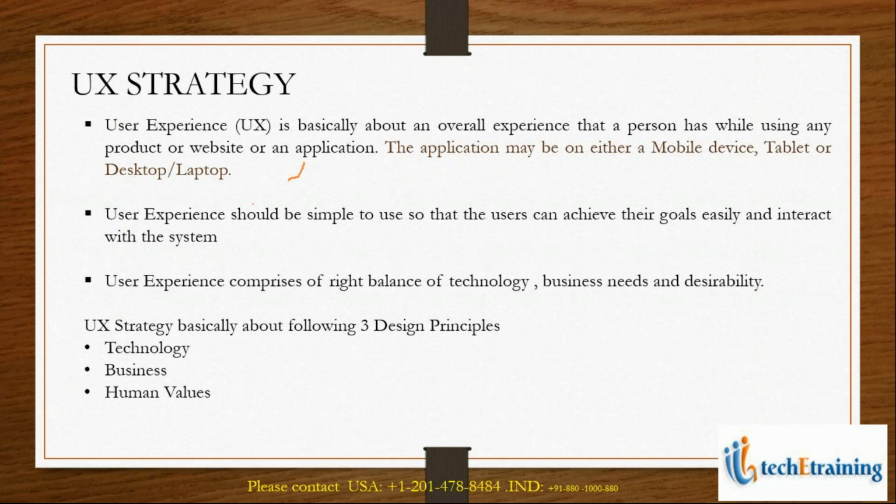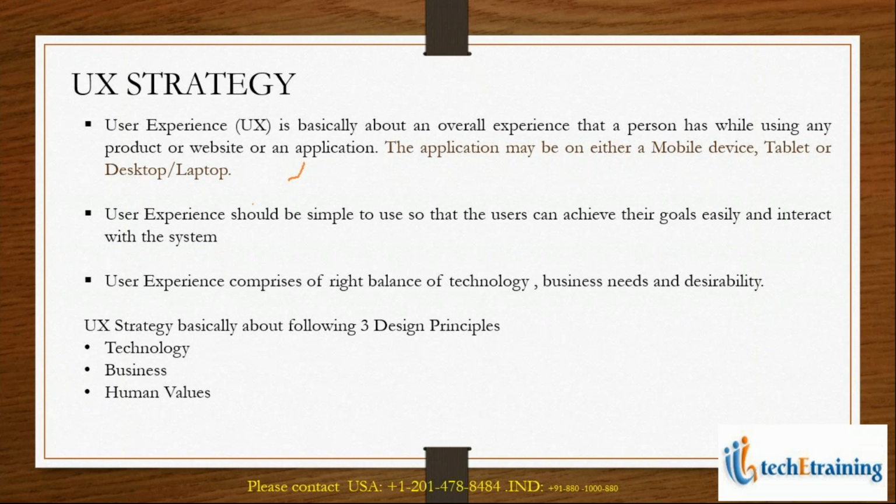Today, in order to provide user experience, they have to satisfy the user wherever they launch the application. In order to launch the user experience, the strategy is divided into three areas, which we call the three design principles.